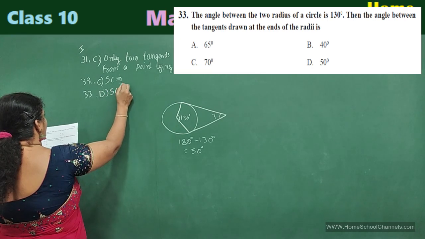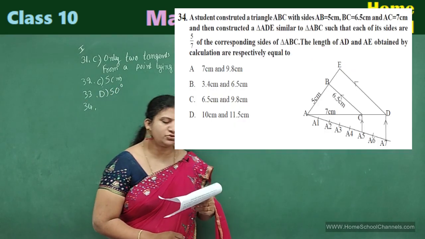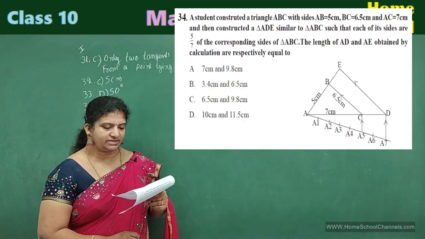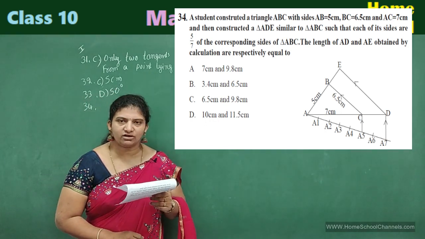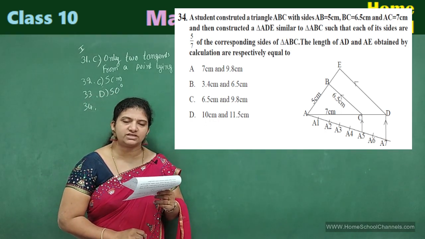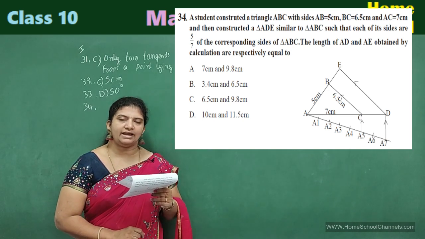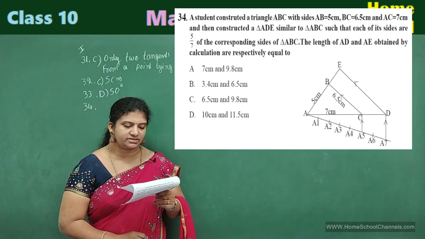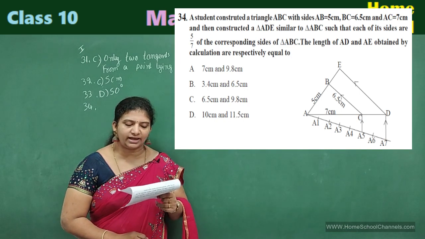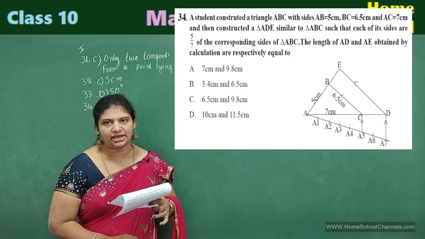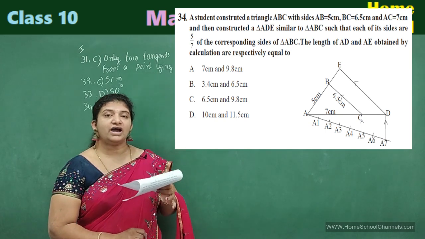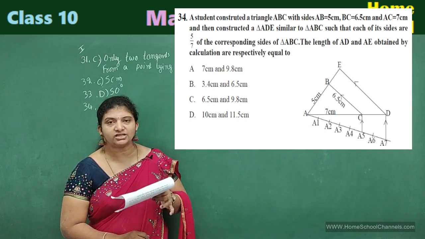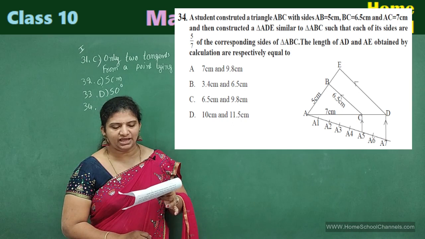34th question. A student constructed a triangle ABC. You can see the triangle over there. With sides AB is equal to 5 centimeters, BC is equal to 6.5 centimeters, and AC is equal to 7 centimeters. And then constructed a triangle ADE similar to triangle ABC, such that each of its sides are 5:7 of the corresponding sides of triangle ABC.